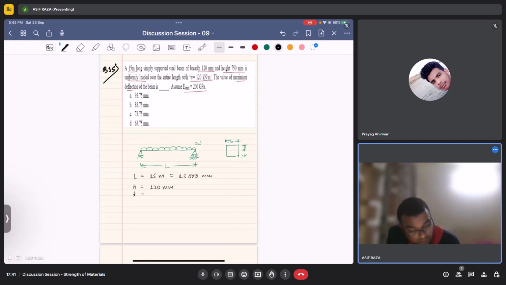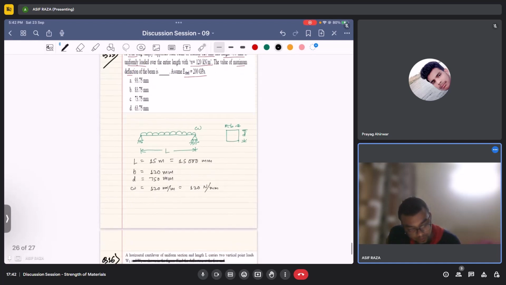Height or depth is 750 mm. Uniformly loaded with UDL value of 120 kilonewton per meter, which can again be written as 120 Newton per mm. E is given as 200 GPa, that is equal to 2 into 10 to the power 5 megapascal, that is 2 into 10 to the power 5 Newton per mm square.